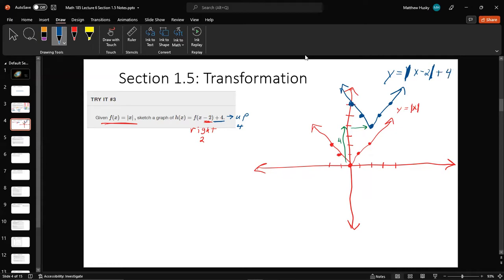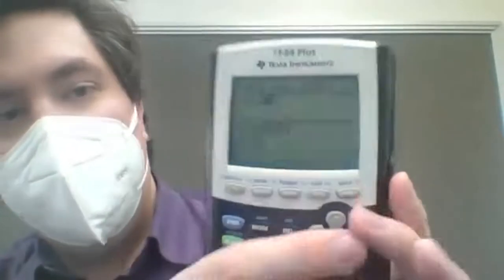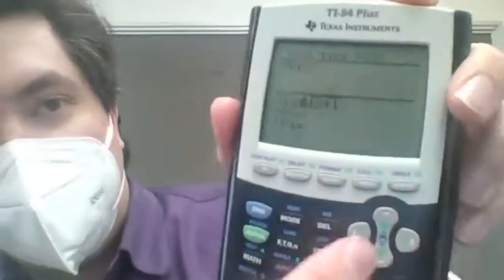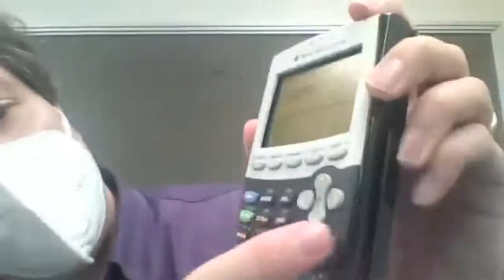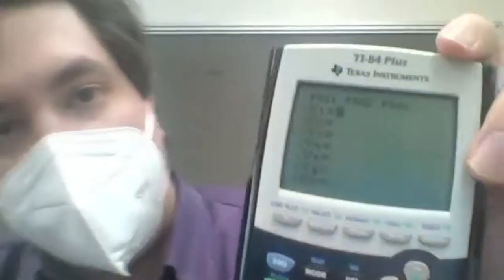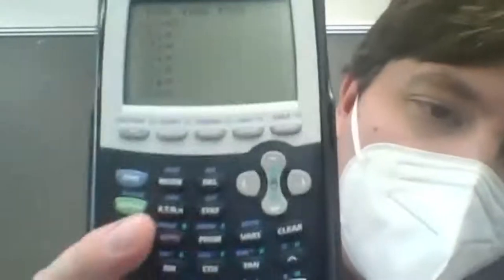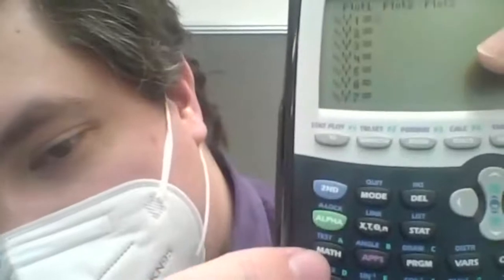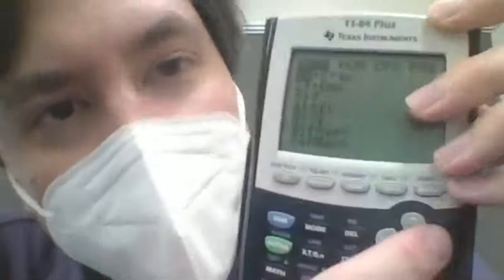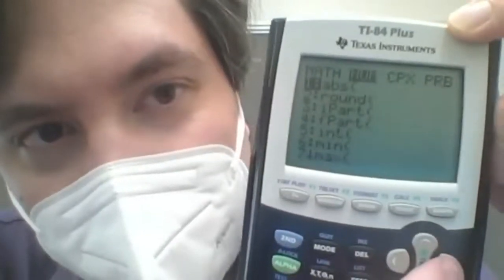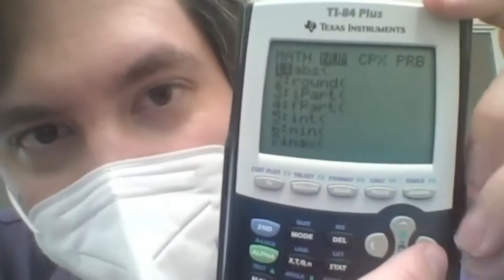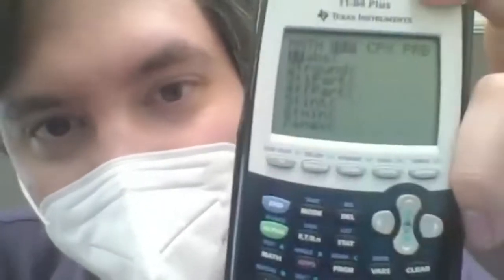You can have the graphing calculator help you with that. So if we go here, let's clear this out. I can show you how to find absolute value on this thing. So if you go to the math button right there and push math, and let's arrow over to the num menu where you see the function abs, that's absolute value.